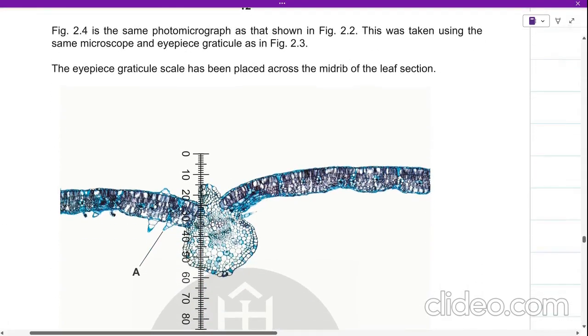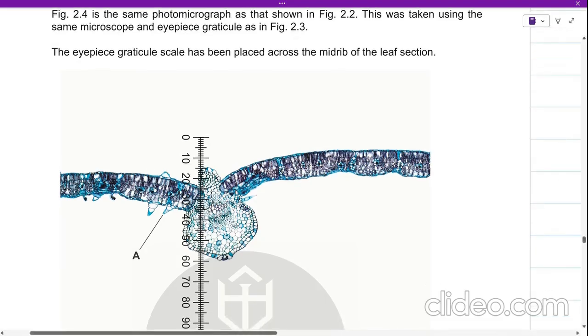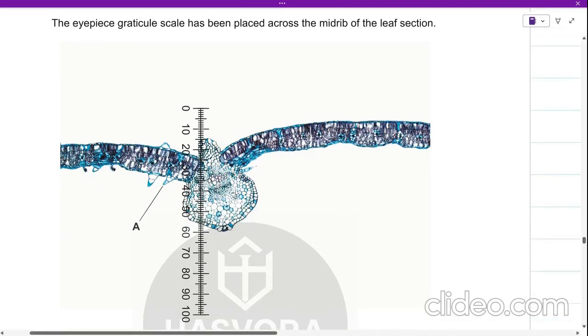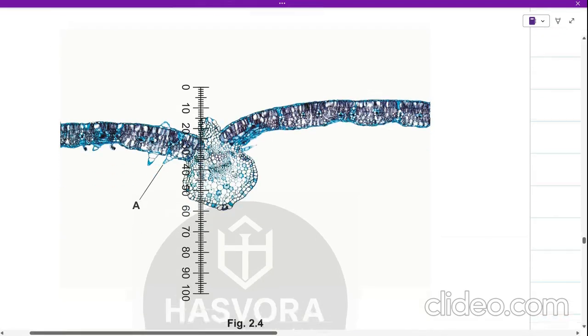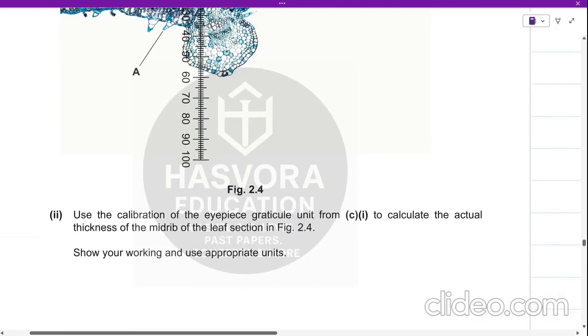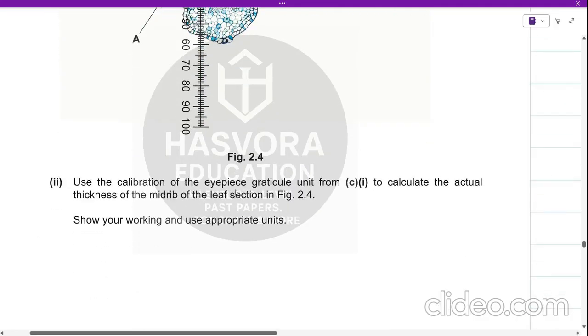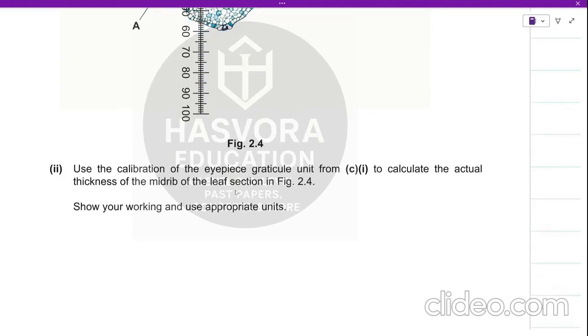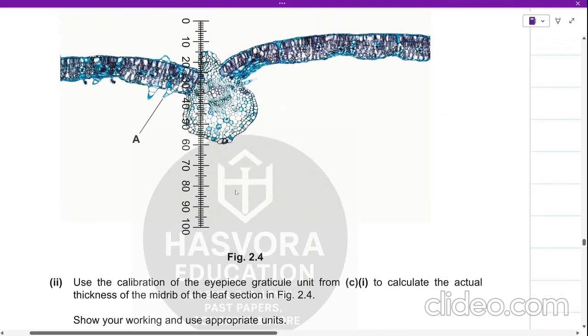Figure 2.4 is the same photomicrograph as shown in figure 2.2. Data was taken using the same microscope and eyepiece reticle. The eyepiece reticle scale has been placed across the midrib of the leaf section. Use the calibration of the eyepiece reticle unit from C1 to calculate the actual thickness of the midrib of the leaf section. Show your working and use appropriate units. So we can see that the midrib lies from the 25th mark to the 60th mark.